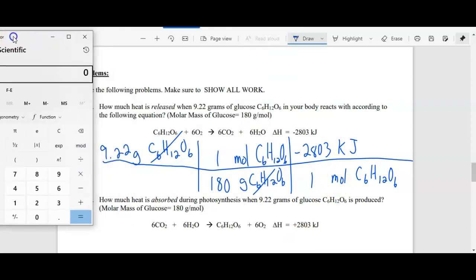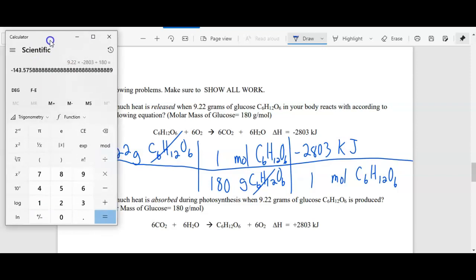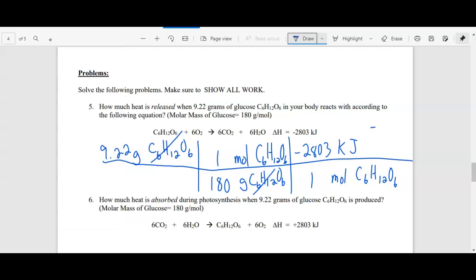So now that I have my calculator here, we're going to do 9.22 times 1 times negative 2,803. And then I'm going to divide that by 180. And then I have my answer here. And we can round that to negative 144 kilojoules.